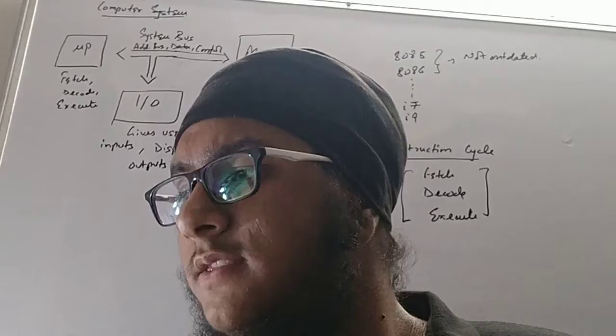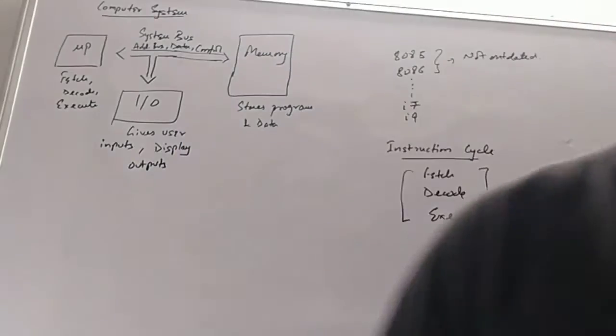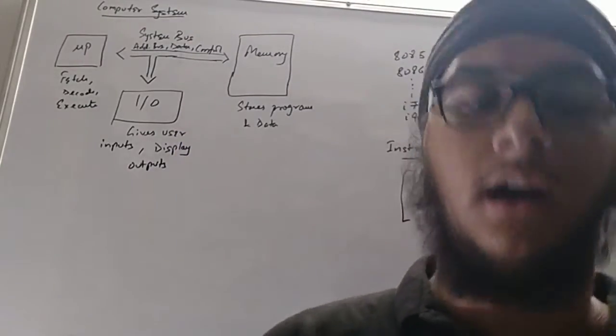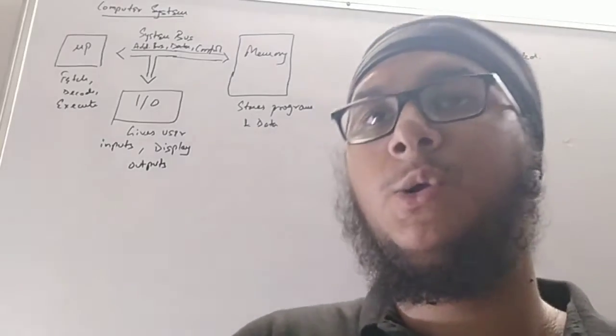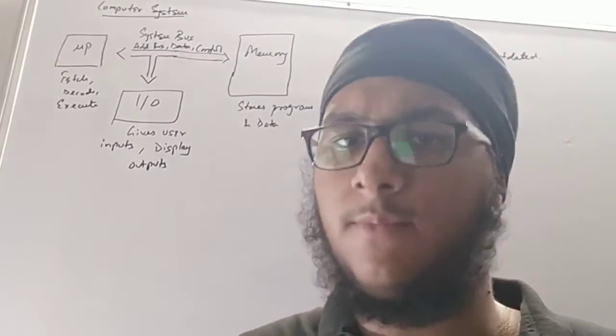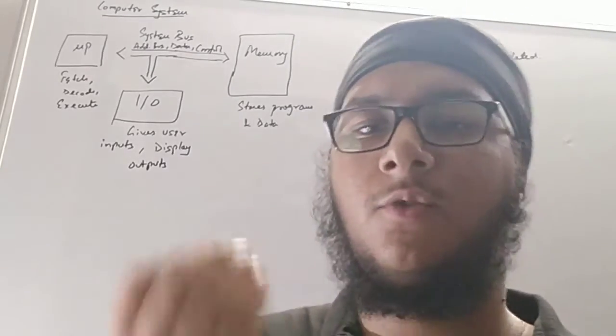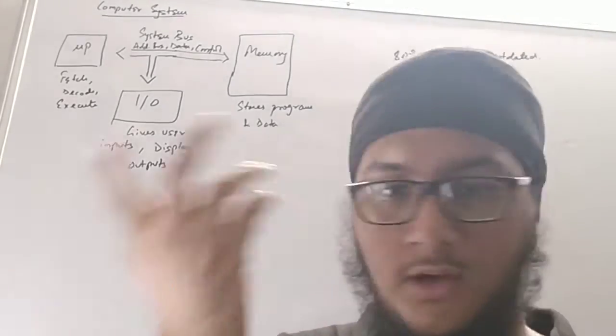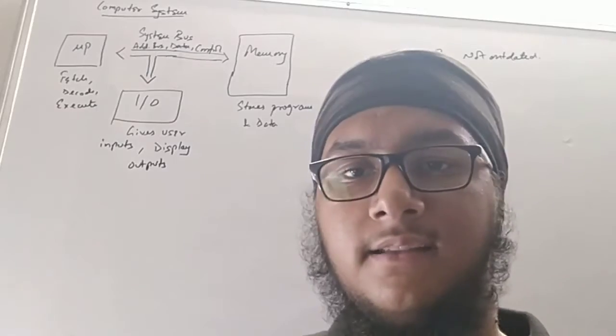Starting off with a brief history of what microprocessors actually are. Why do you even require a microprocessor? We know what microprocessors are, but why do we even require them? You might have seen traffic lights, right?